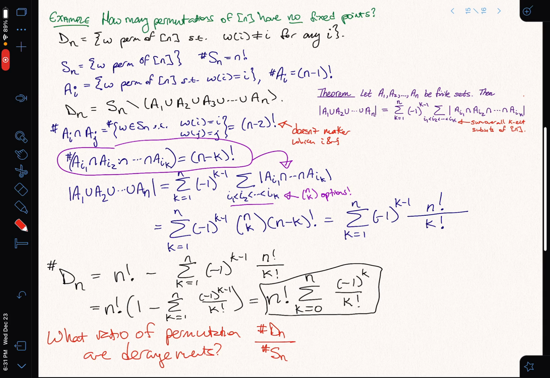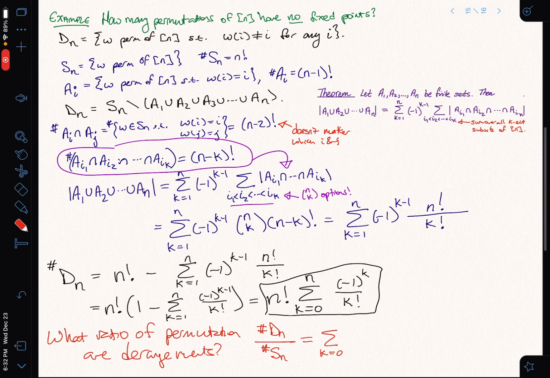The idea here is saying, if I just take a random permutation, what's the probability that it's a derangement? Another way to say that is, if we're actually in a physical classroom and I randomly hand back your exams after a test, and I don't mind about who, what's the probability that no one gets his own exam back? And the answer is, of course, we just take this and divide by n factorial.